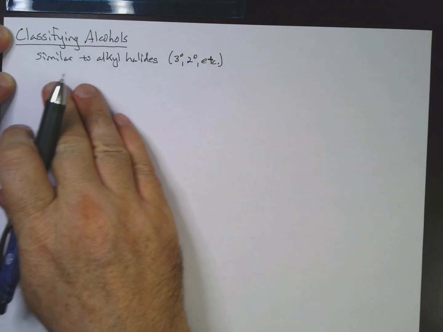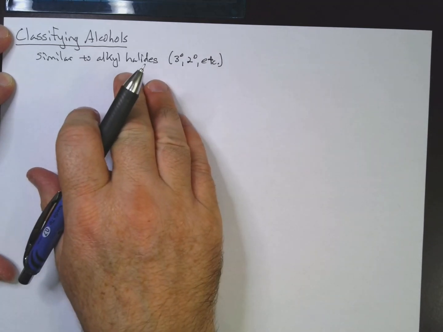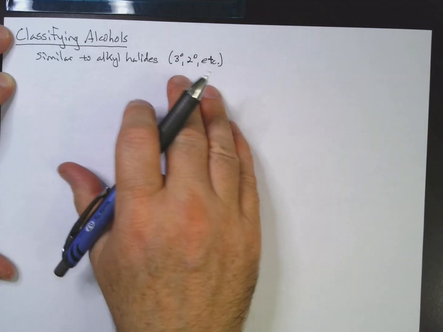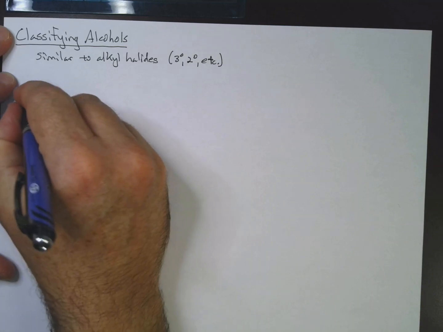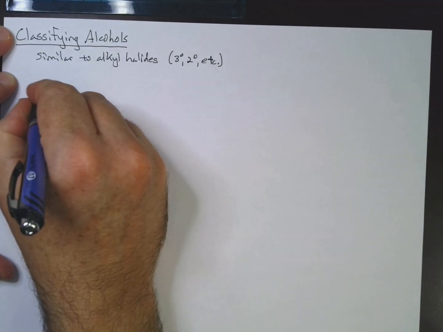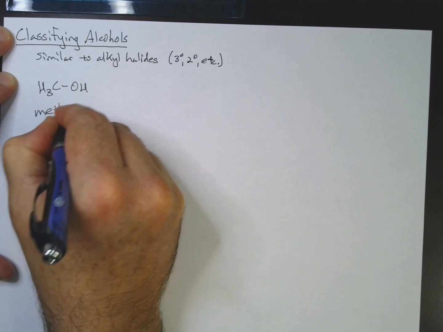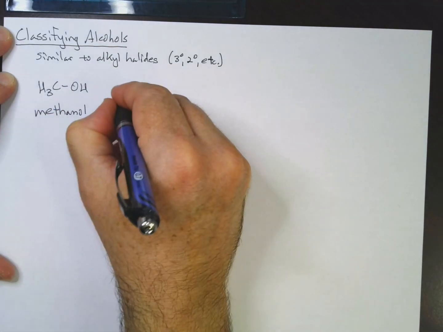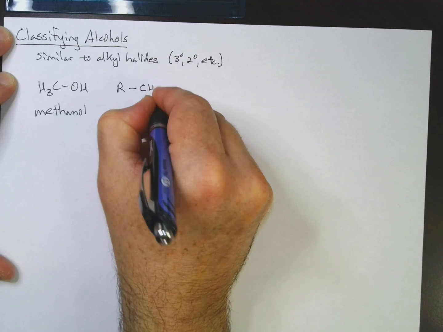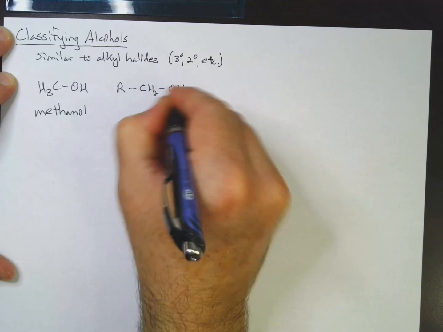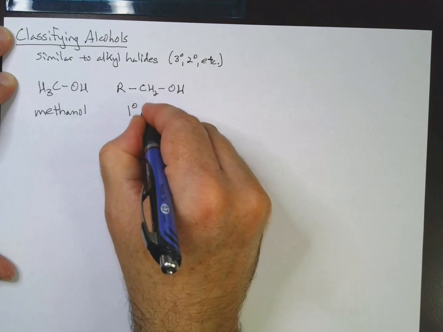And they're going to be similar to alkyl halides. And so we'll get tertiary, secondary, etc. So I could have methanol. I could have one alkyl chain, so it's a primary alcohol.